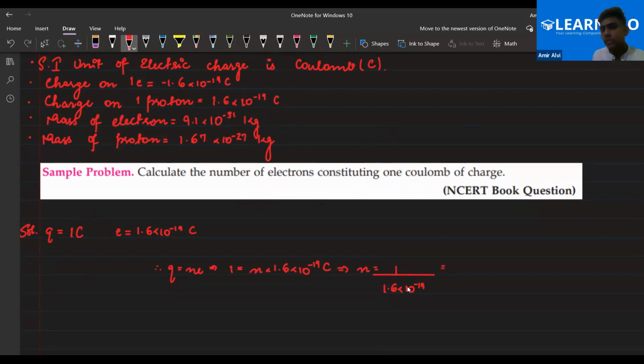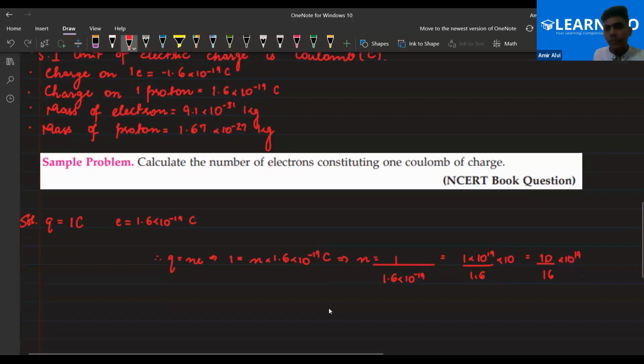Now, as you can see, the 10 to the power minus 19 will go to the numerator and become positive 10 to the power 19, divided by 1.6. If I remove the decimal, that would be 10 by 16 into 10 to the power 19.